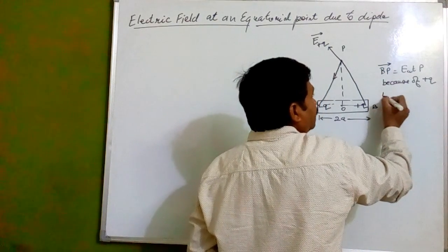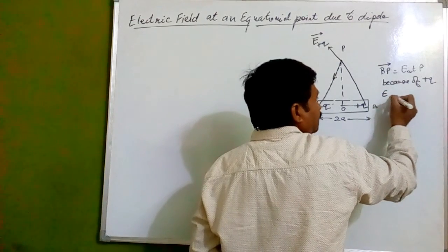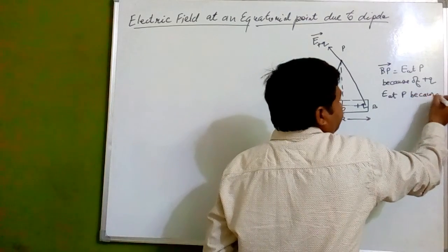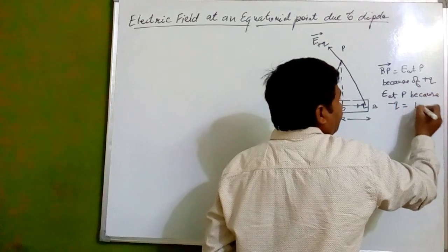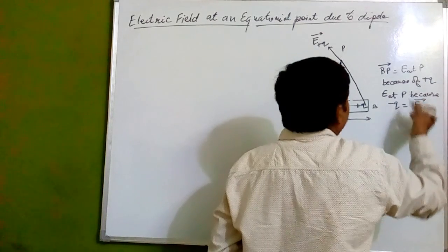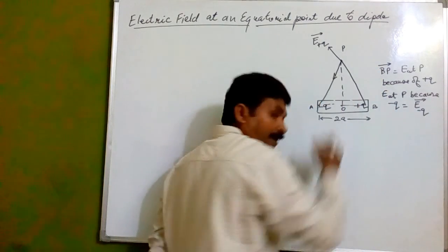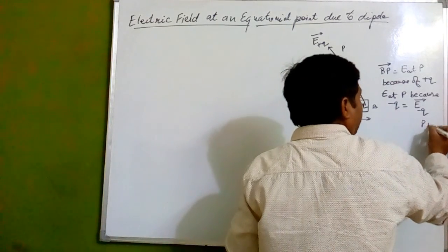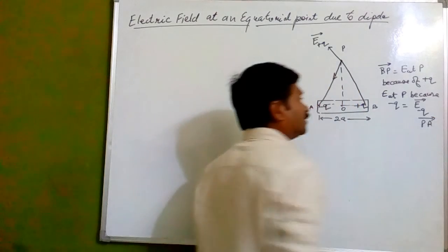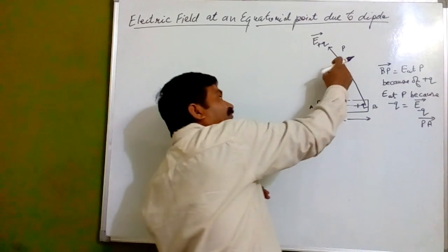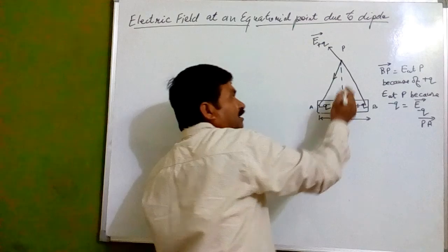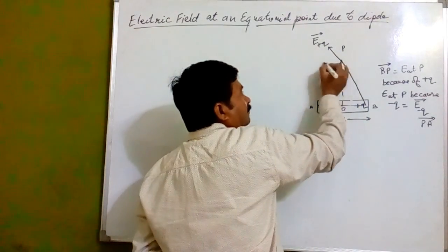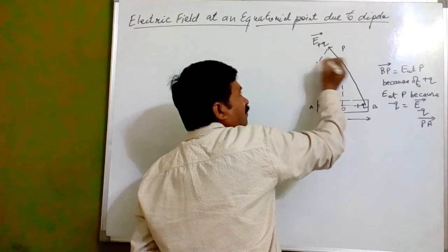Similarly, we have an electric field at P because of the minus Q charge. This will be given by this, and the direction will be from P to A. Now these two electric fields are acting in these directions. Here we have got the resultant of these electric fields.